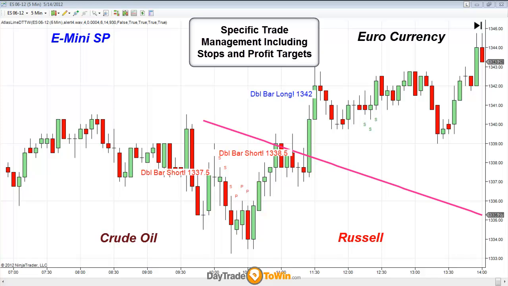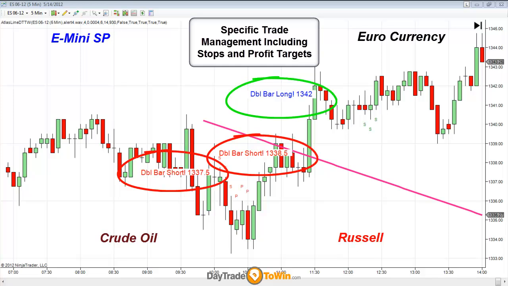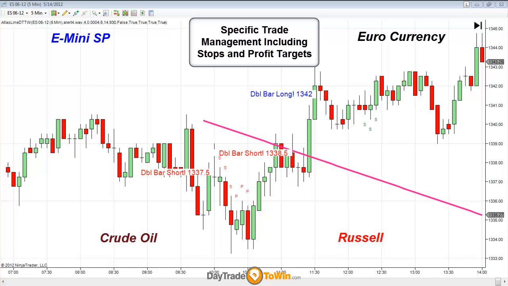The first and strongest signal the Atlas Line provides are the double bar long and double bar short trades, which are very strong and are usually the start of a trend or a bigger move for the day. Whenever I see a double bar long or double bar short, I think of it as a major move. The follow-up strength and pullback trades, denoted by the P's and the S's, provide smaller profit targets, as the trades are taken only if the trend continues.